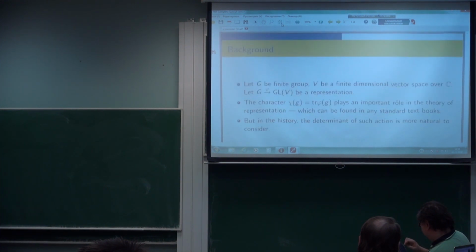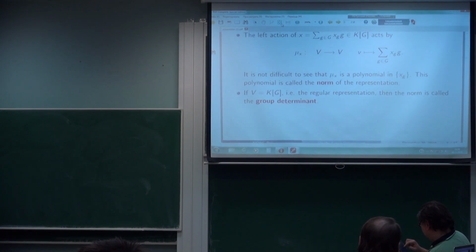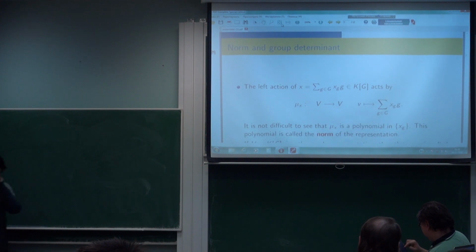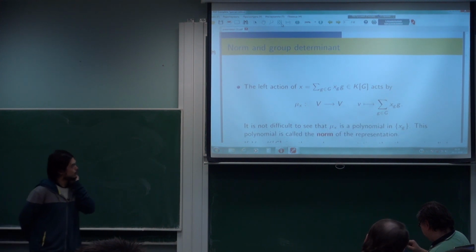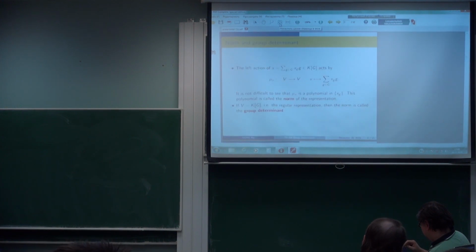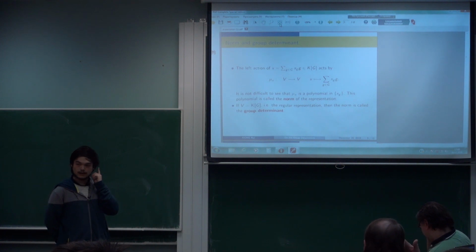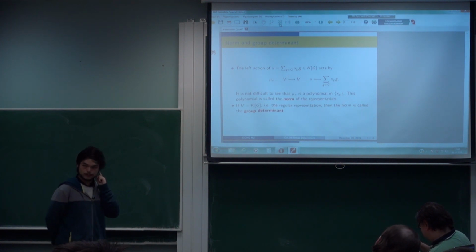And it has a reference. The second definition, in the history: consider the left action of a general element in the group algebra.